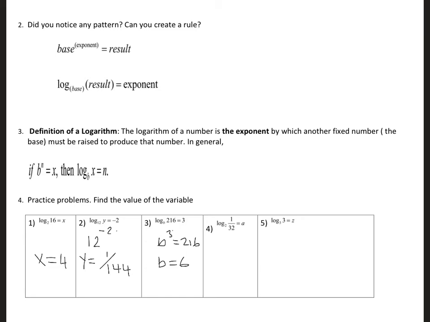We know 2 raised to 5 is 32, but I want it to be a fraction, so a has to be -5. And then 3 raised to z is equal to 3. So z has to be 1.